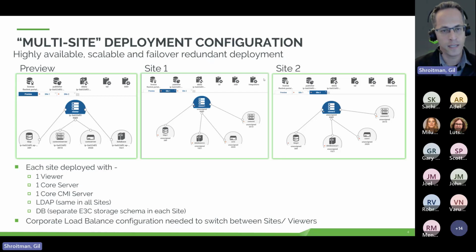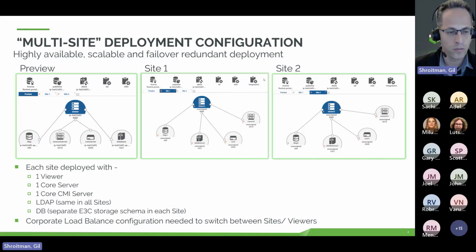And what that means, basically, is that each viewer will have to be set up on a different site configuration, or a different tab, that is made available through the deployment configurator tool that we introduced for simplifying the configuration task of your deployment.